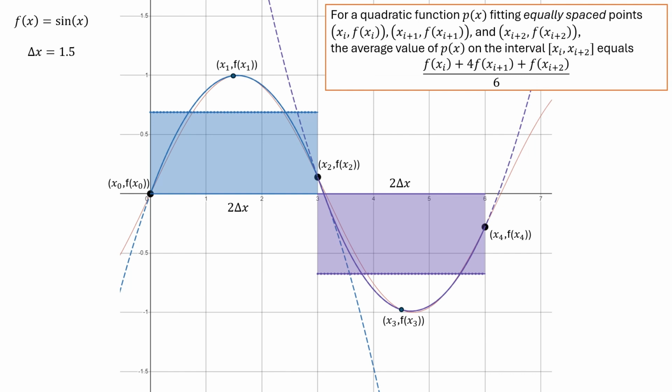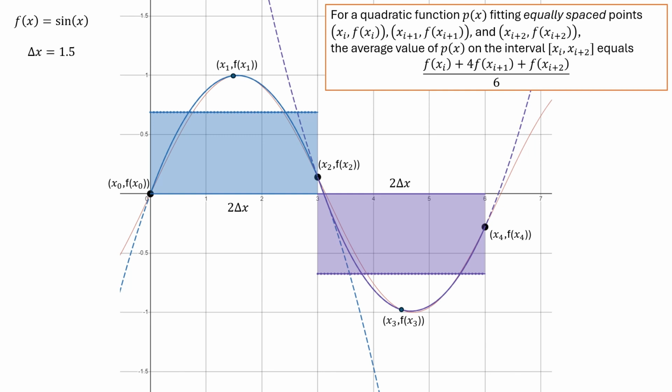For a quadratic function p of x, fitting equally spaced points along x, xi in its output, xi plus 1 in its output, and xi plus 2 in its output, the average value of this function from xi to xi plus 2 is exactly the y value of the first point plus 4 times the y value of the second point plus the y value of the third point, all over 6.